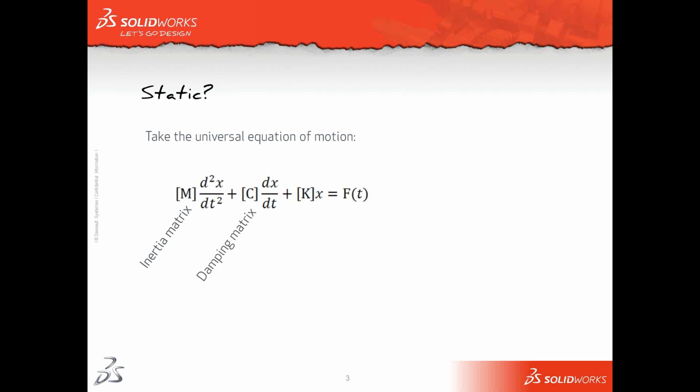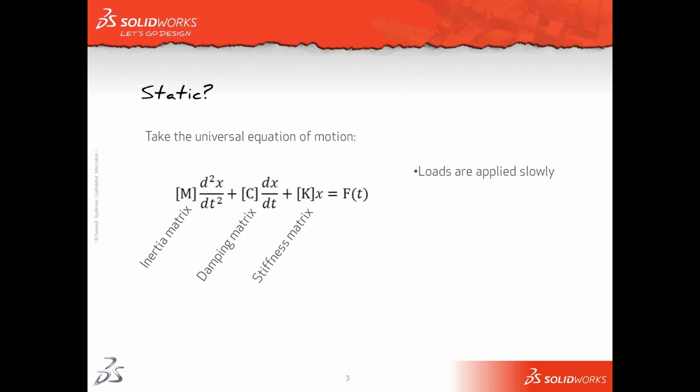That's related to the velocity of the geometry, which is the first derivative of the displacement, obviously. And then the final value we've got there is the stiffness matrix, represented by the K. When we say we've got a static analysis, we're assuming, first of all, that the loads are applied slowly, so that we're not seeing any dynamic effects.